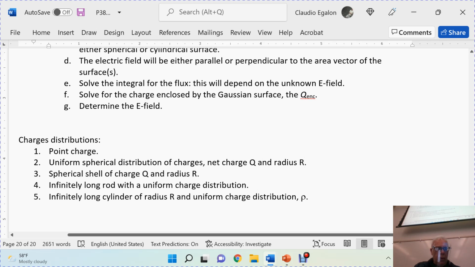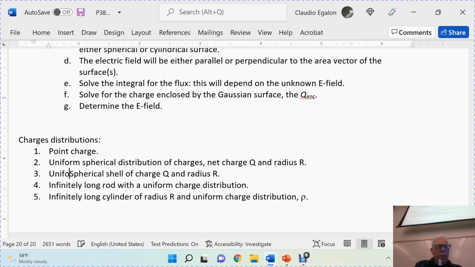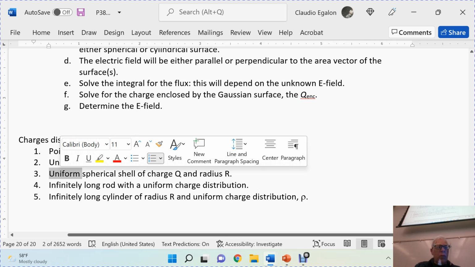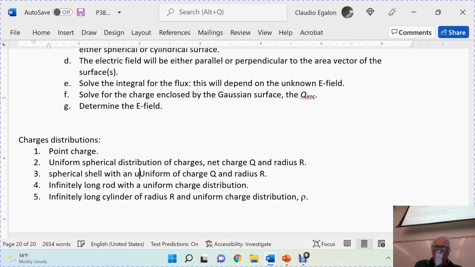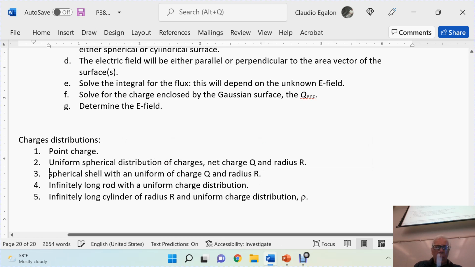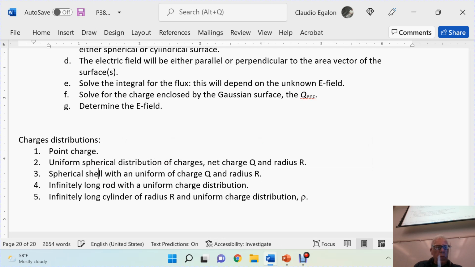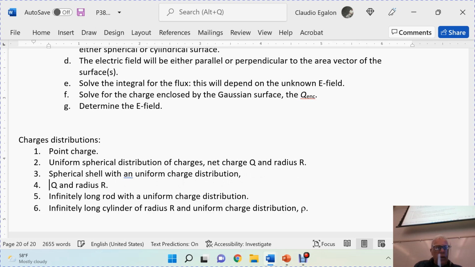Let's see, I'm going to put also uniform, right? Spherical charge distribution, spherical shell. Spherical shell with a uniform distribution of charge. I don't need to put those Q and R. Let me take it out.